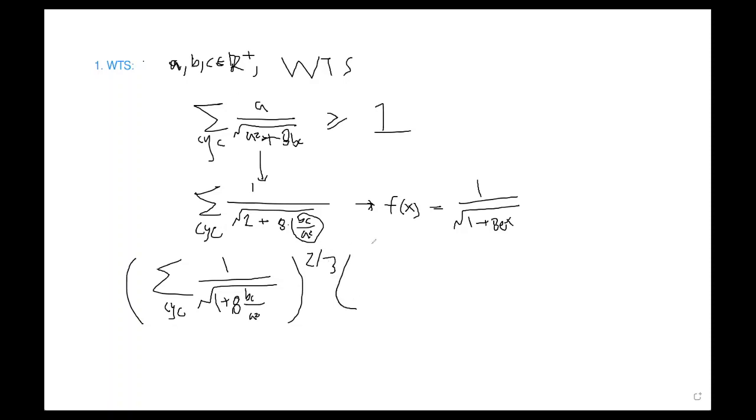So that thing times a. Oh wait, why did I rewrite it? What am I doing? So anyway, the cyclic sum of this thing, if we raise the circled thing to the 2/3 power, then we look at 8 times a squared plus 8bc, something like that, to the other power. Then we can use Holder, which is a mess.